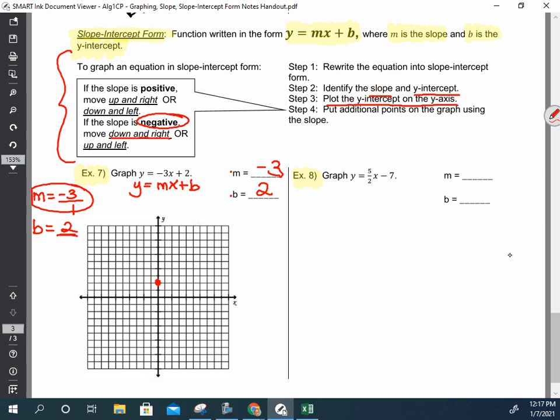So go back to the point, go down 1, 2, 3, to the right 1, put another point. Go down 1, 2, 3, to the right 1, put another point.